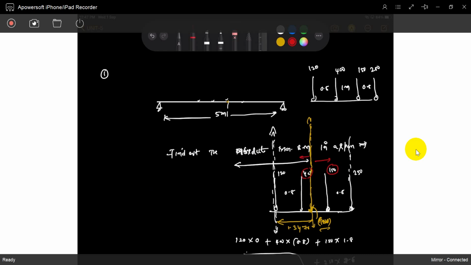You will get more influence under 400 because it has the larger value. So we put 400 at that section, and we get the maximum bending moment.